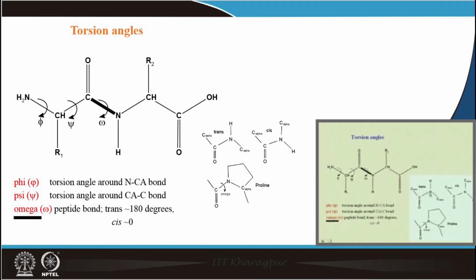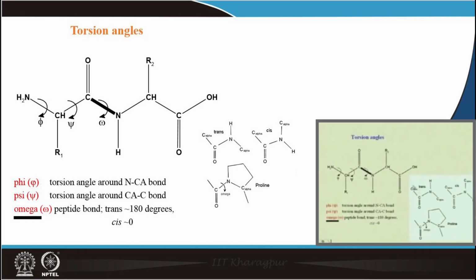If I look at this, so this is my C alpha, this is my C double bond O, this is my NH, this is my C alpha of the next, which is R1 now? This is R1. How do you know it is R1? Because its tail is carboxylic acid. NH is the beginning of the next one. It has to be. So this is R2.